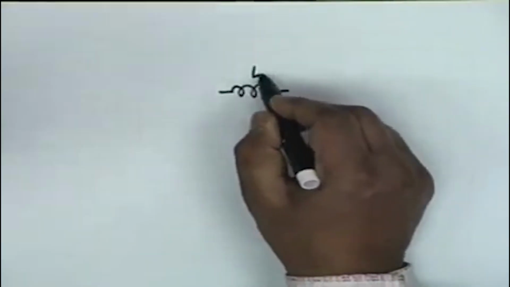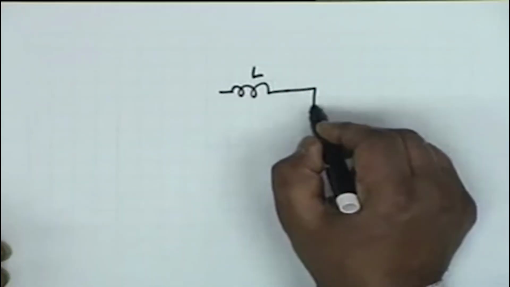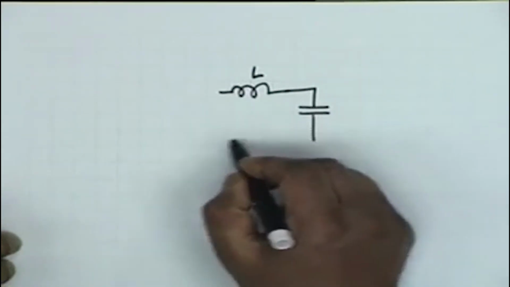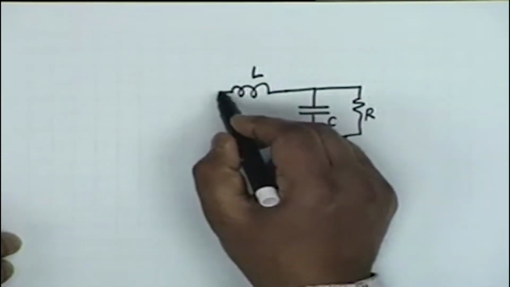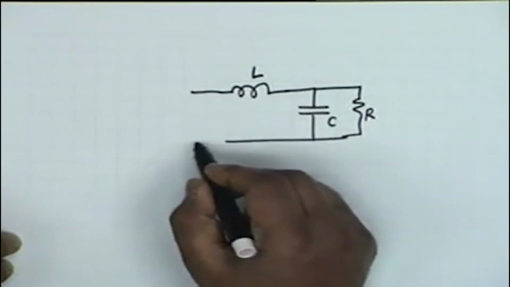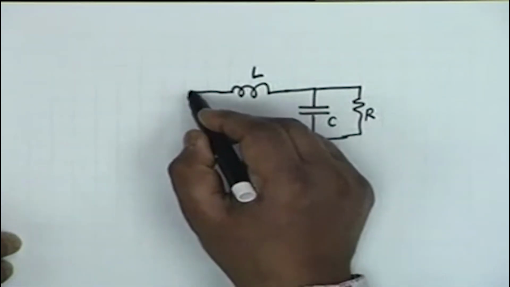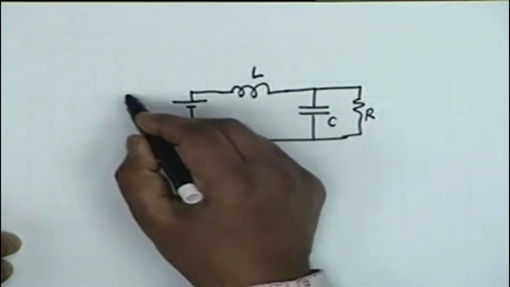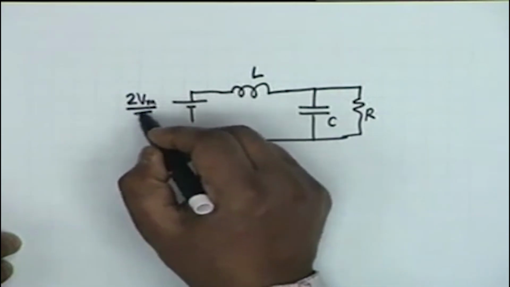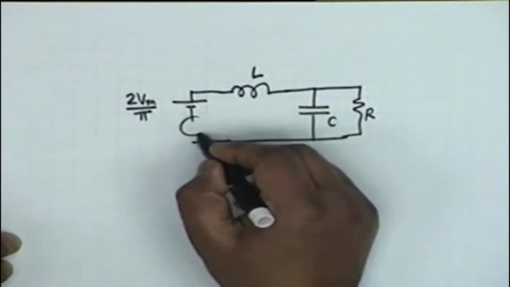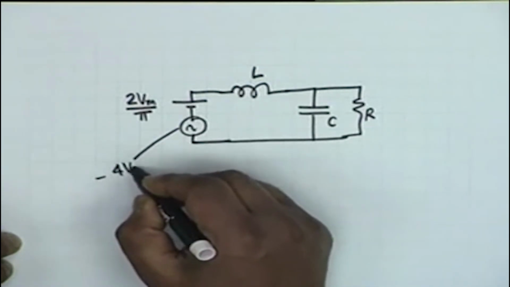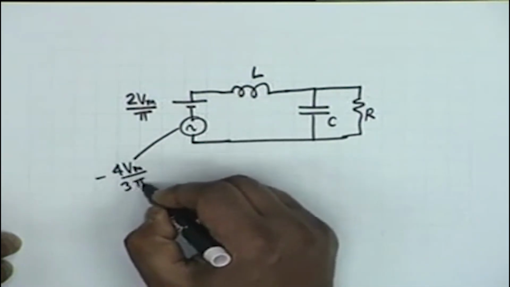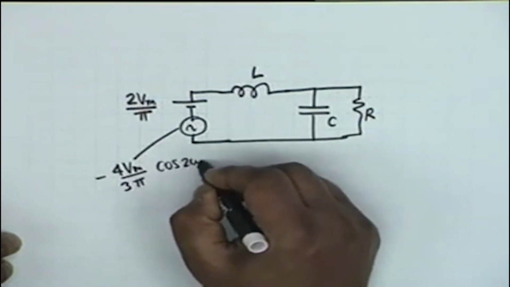We have an inductor, a capacitor and a resistor R, and our input consists of a DC whose value is twice Vm divided by pi, and an AC which is minus 4 Vm divided by 3 pi cosine 2 omega t.